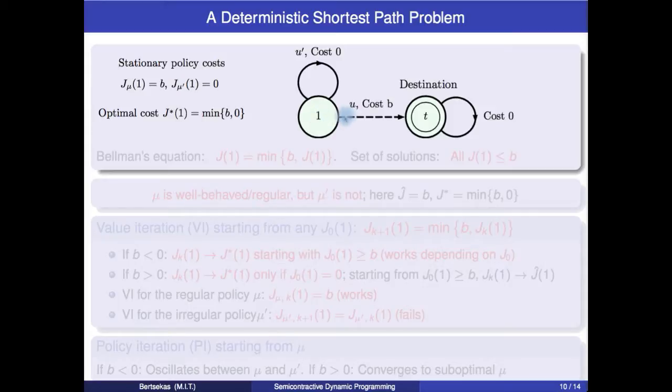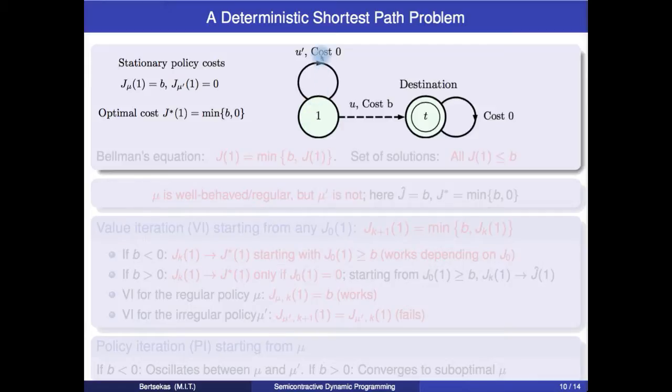One is u, which takes you directly to the destination at a cost b, and the other one involves a self-cycle. At node 1, if you choose u prime, you stay at 1 at no cost. So the distinctive feature of this example is that there is cost 0 for just idling, just staying in node 1 and postponing going to the destination.